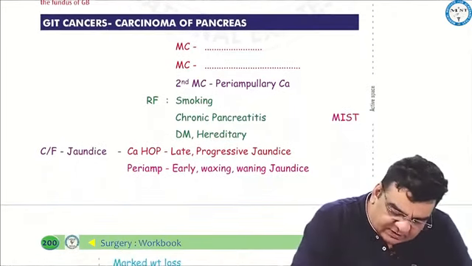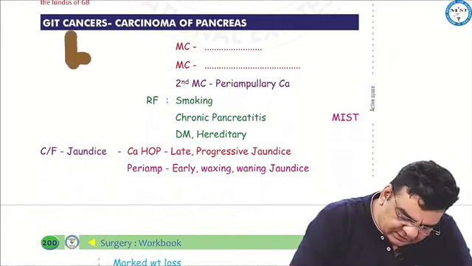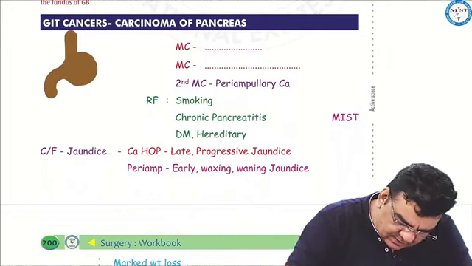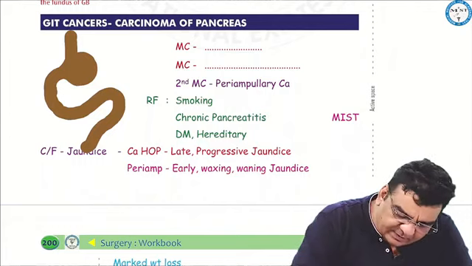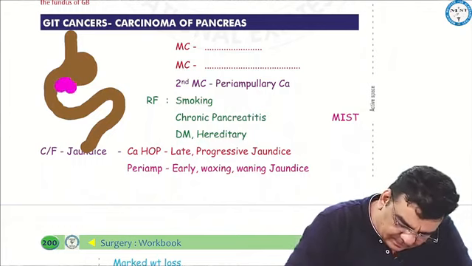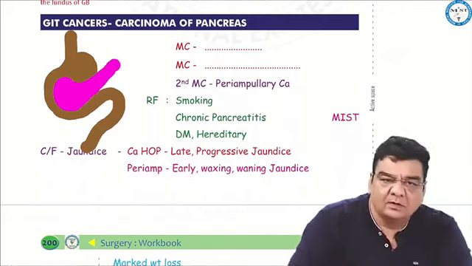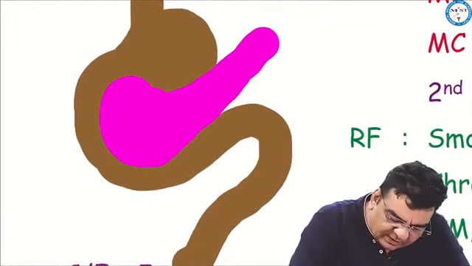Last of the malignancies to be discussed in GIT is the pancreatic malignancy. Now here, before we start our discussion, let us try to understand the story. Suppose this is the esophagus, this is the stomach, here lies the pancreas, in this we know there is a common bile duct coming.